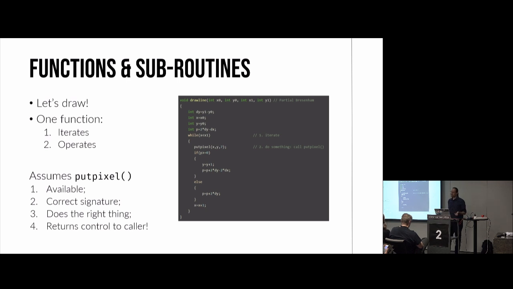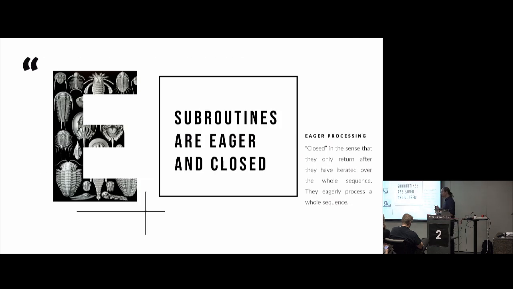We're assuming that it actually does what we hope it will do, which is draw the pixel. And another implicit assumption is that it will actually return the control to our function, because this function is in the middle of computation, right? So we're seeing a mixture of these two things, iteration and operation, as two concerns that are mixed inside a single function.